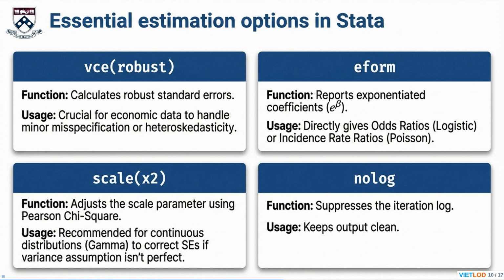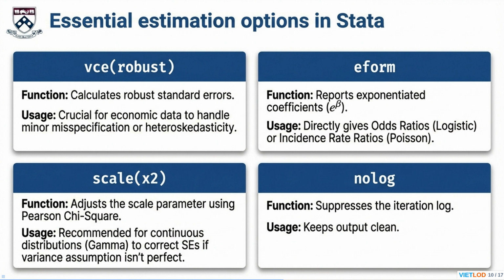Beyond the basic family and link specifications, Stata offers several essential options that help us refine our generalized linear model estimation and reporting. First, the VCE Robust option is crucial. It calculates robust standard errors, which are resilient to violations of the variance assumption and other forms of misspecification.